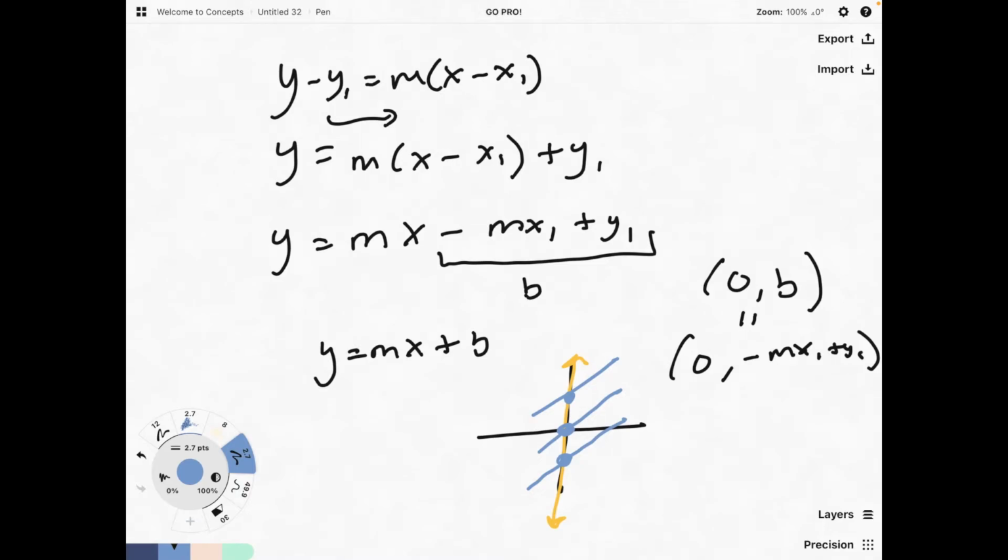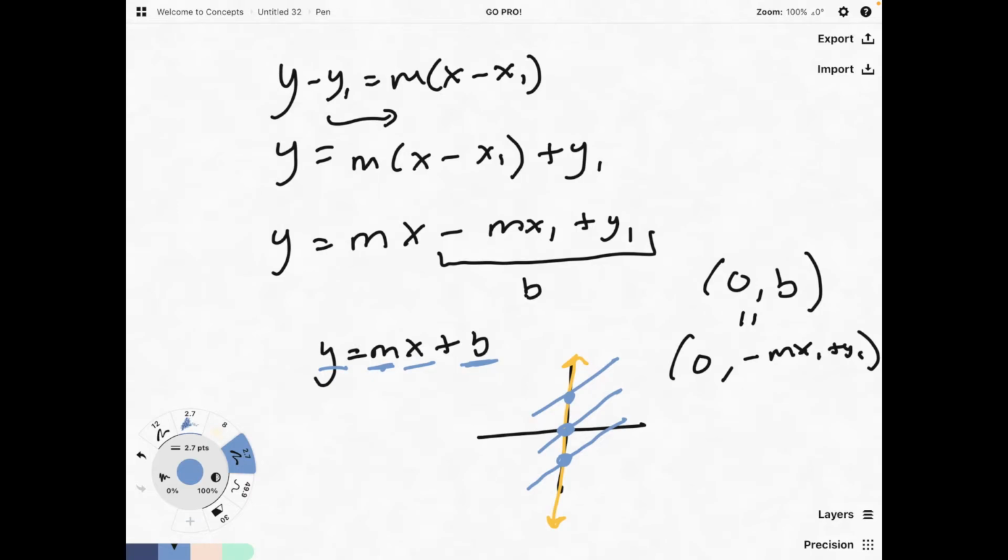In this equation, y and x are your points along the line, m is your slope, and b is your y-intercept, or where it crosses the y-axis. This form of the equation is a lot more beneficial to use because you can see more details about the line in a shorter amount of time.